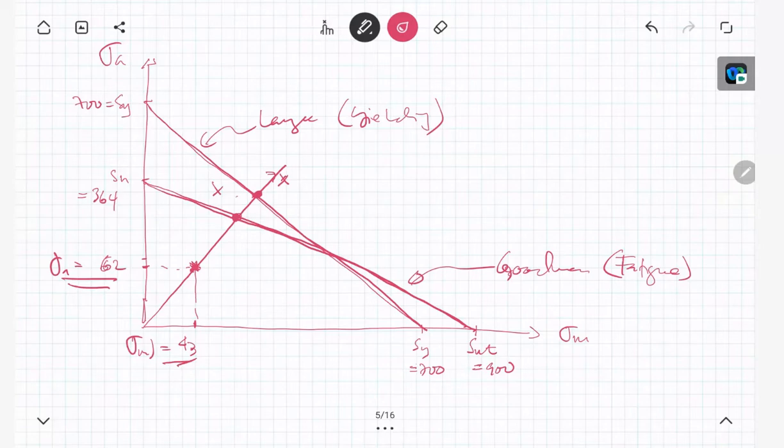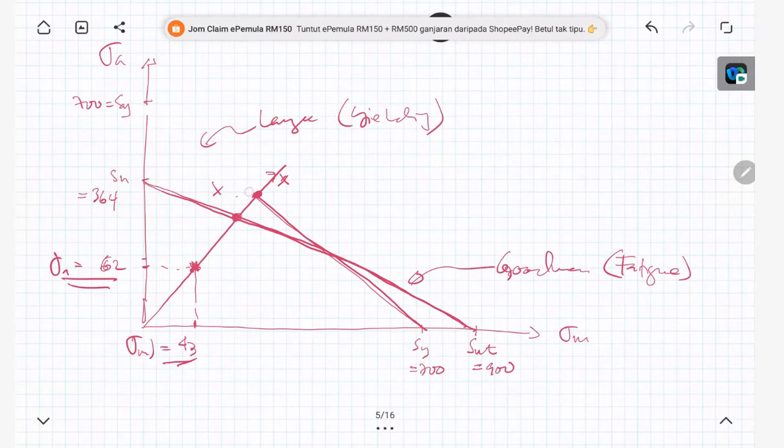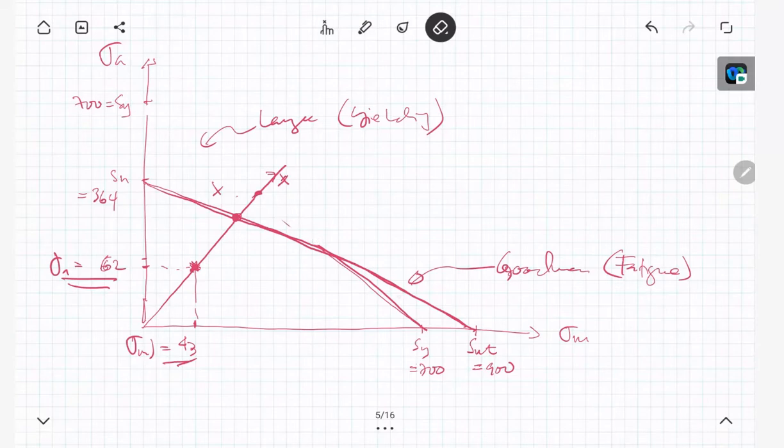Okay, so you will see some graphs, they don't continue the line of yield strength because of the space. Sometimes you just see this line. Okay, actually this is the line for yielding. So you will see the line like this.